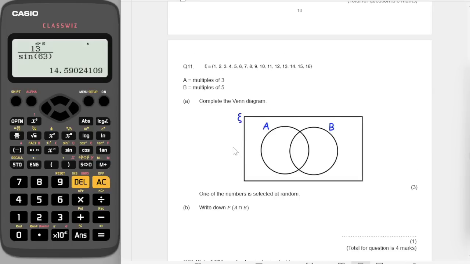The universal set is the numbers 1 to 16, and we're putting multiples of A in set A, multiples of B in set B. So 1 would go there, 2 would go there, 3 would go there, 4 would go there, 5, 6, 7, 8, 9, 10, 11, 12, 13, 14, 15, and 16 would go there.